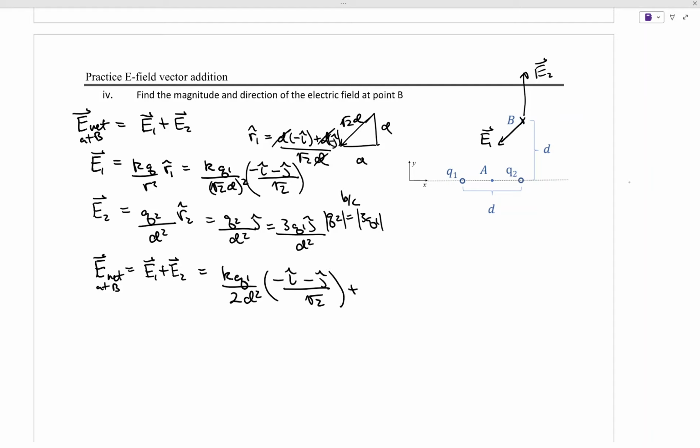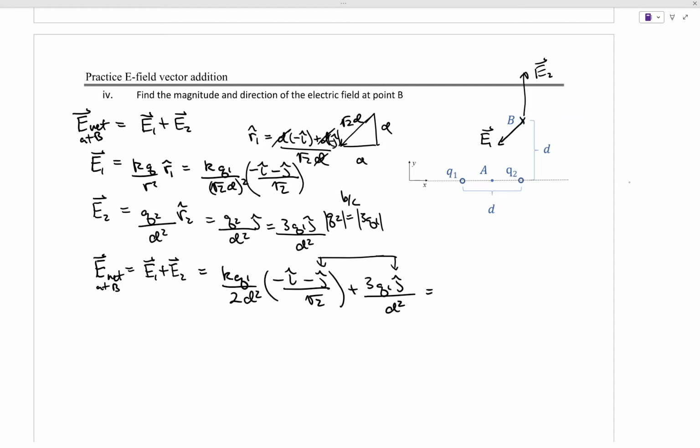And then from E2, we're going to have 3Q1 J hat over D squared. Okay, so we can collect the pieces that are pointed in the same direction. So these two J hat contributions would be combined together.